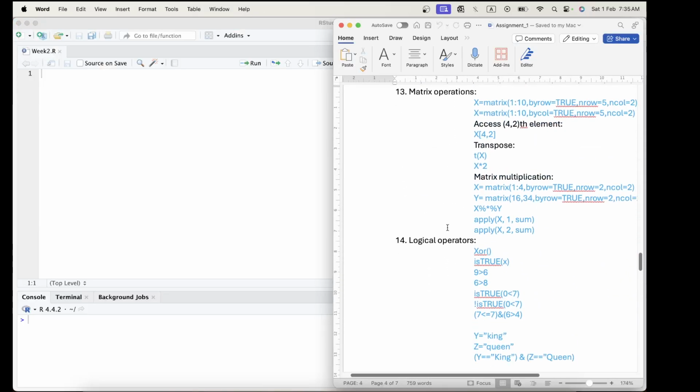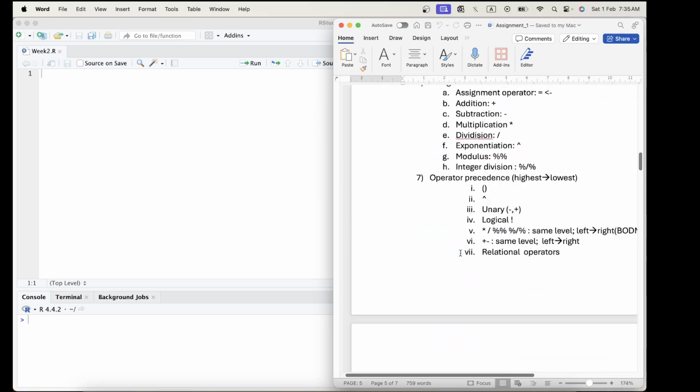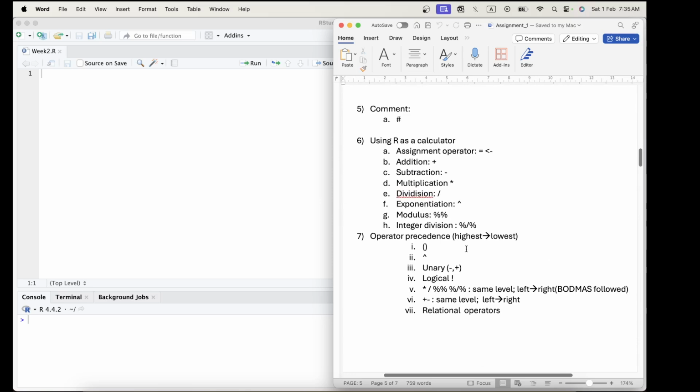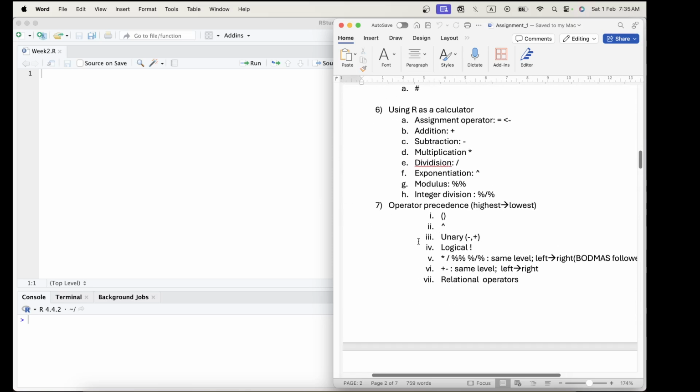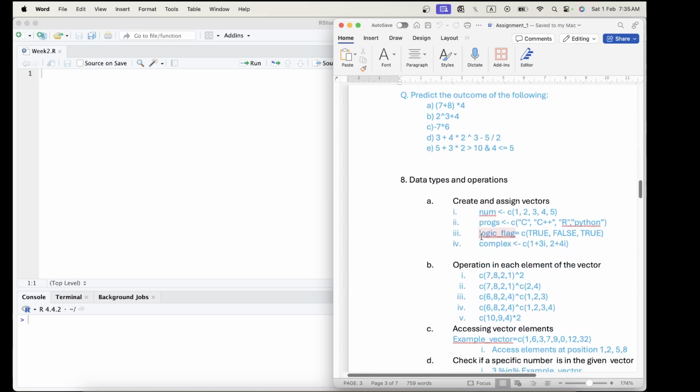So in the last class we learned how to use R as a calculator. We learned a lot about operator precedence and solved some questions.